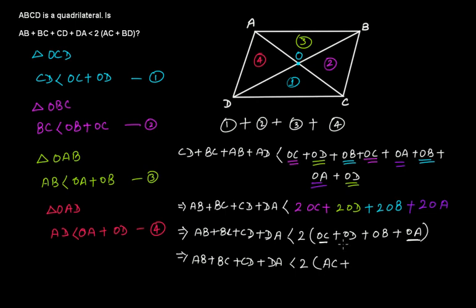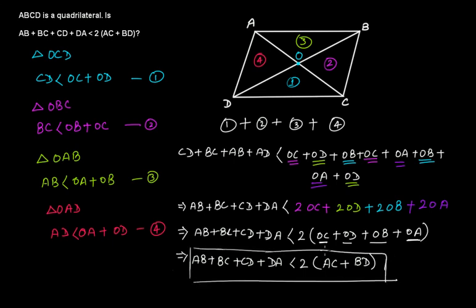Plus, if I add OD and OB, that is the sum of this part and this part, it will give you this whole part, BD. So this will be AC plus BD. That's what we have to prove here, right? Is it true? Yes, it is true, because we have proved it here.